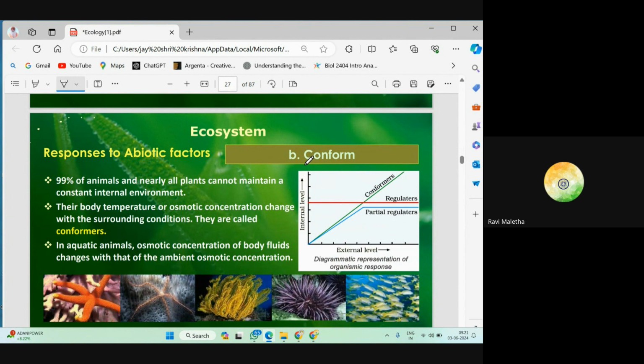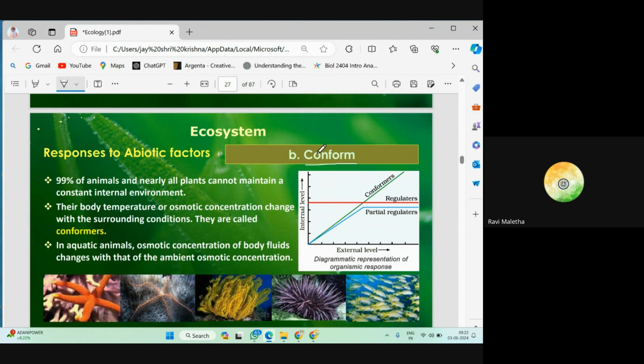Next is conformers, or the process is conform. Conformers means if the external environment changes, their internal environment will also change. Like most of us are mentally conformers only.